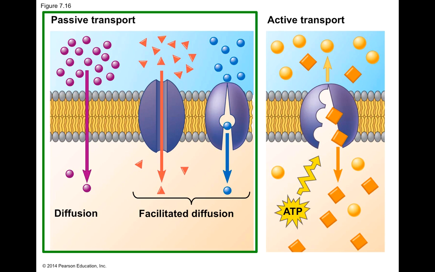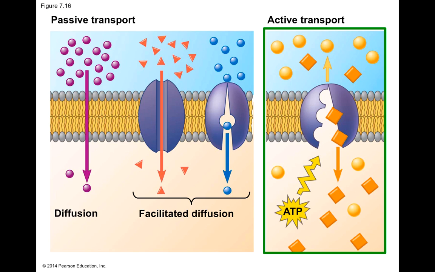And notice that in all of these cases, molecules are moving from a high concentration to a lower concentration, and no energy is involved, which is characteristic of passive transport. When there's a transport protein involved, and the molecules are being moved from low to high concentrations, and there's a molecule of ATP in the picture, then active transport is happening.